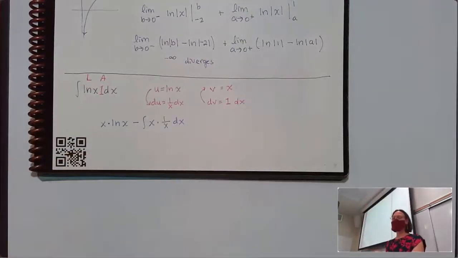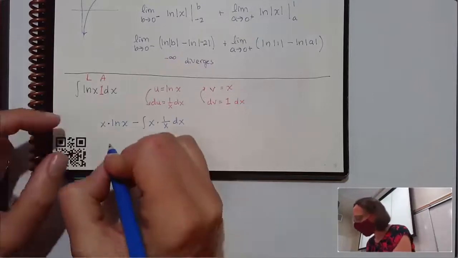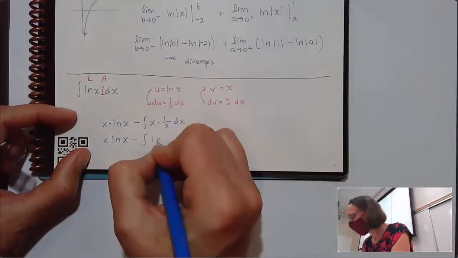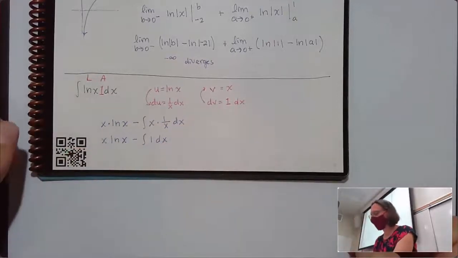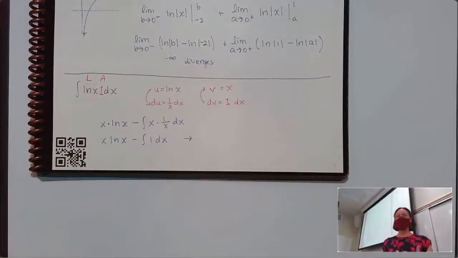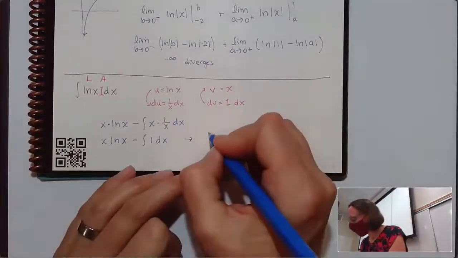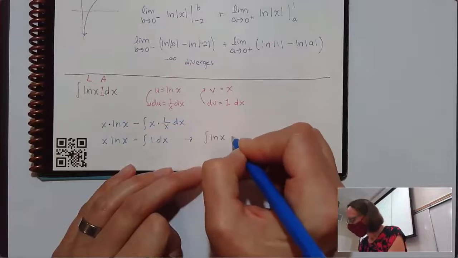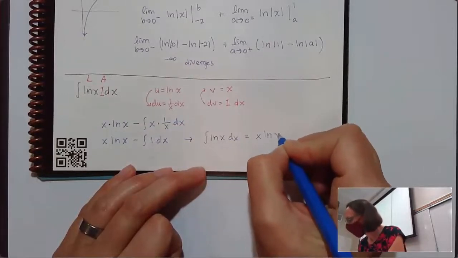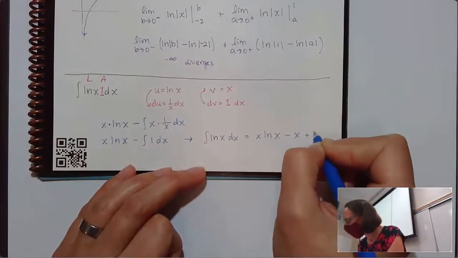But the cool thing on that second integral is those x's cancel out, which means I've got x natural log of x minus the integral of 1 dx. And I choose to memorize that the integral of natural log of x dx is x ln x minus x plus a constant.